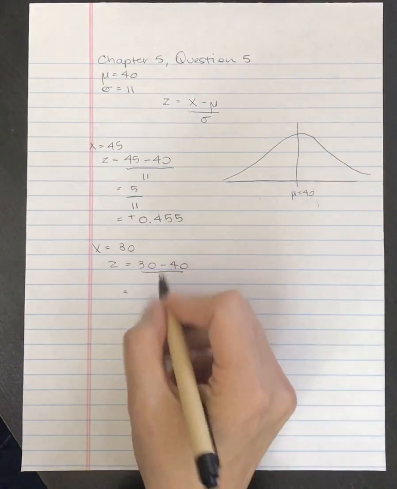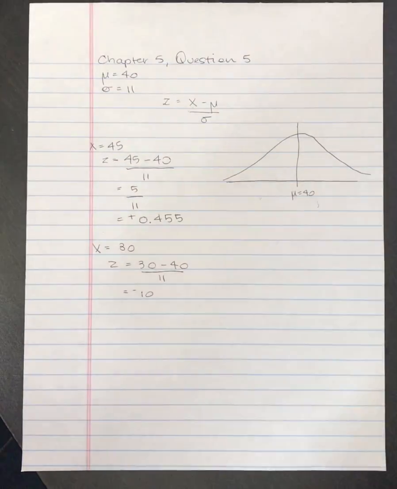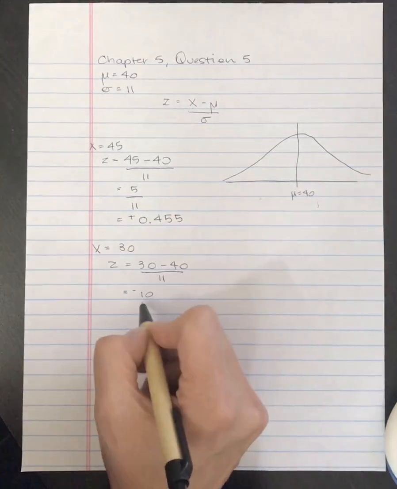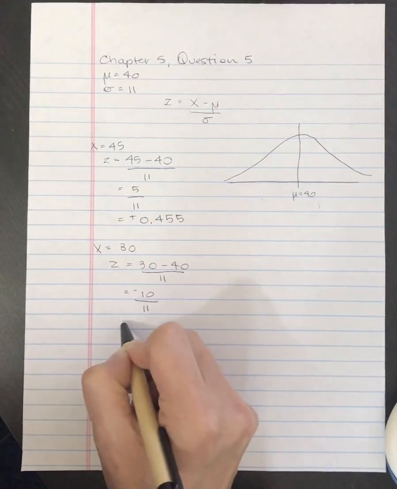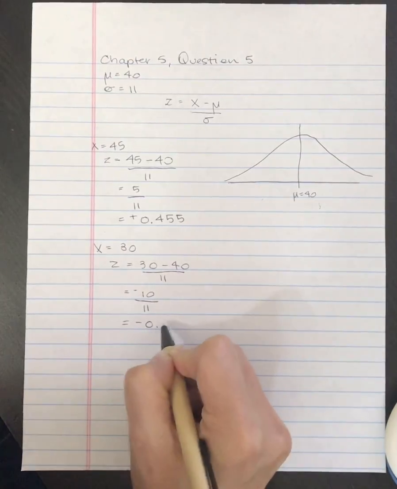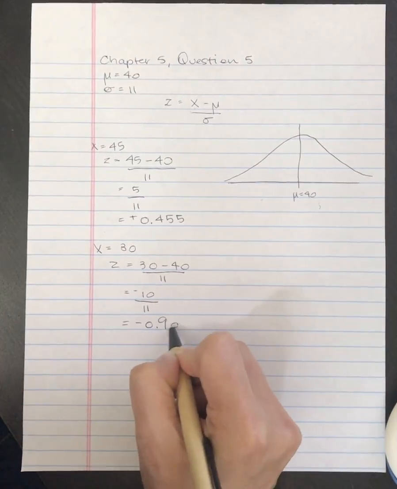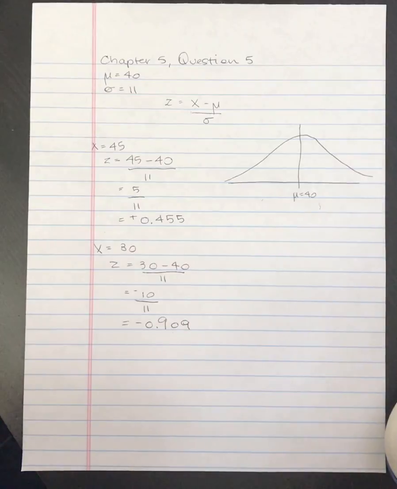So 30 minus 40, we've got negative 10, divided by 11. And that gives us negative 0.909. So it's negative 0.909090 and on.